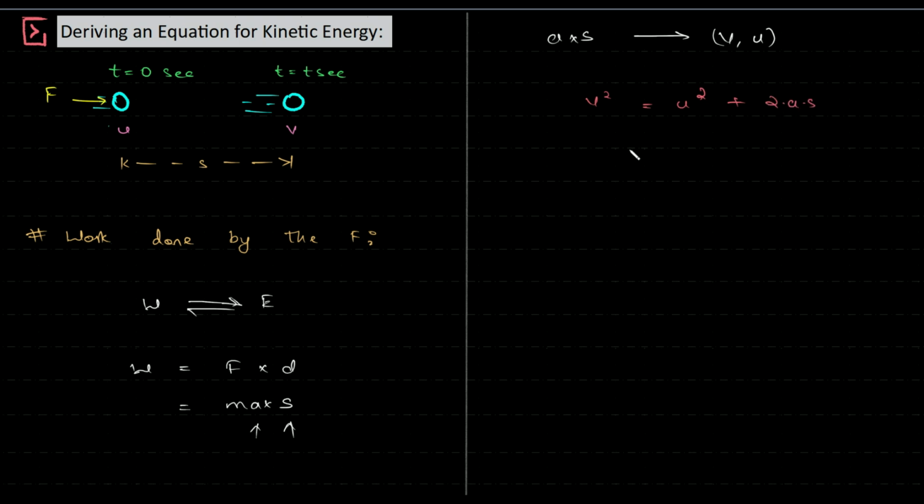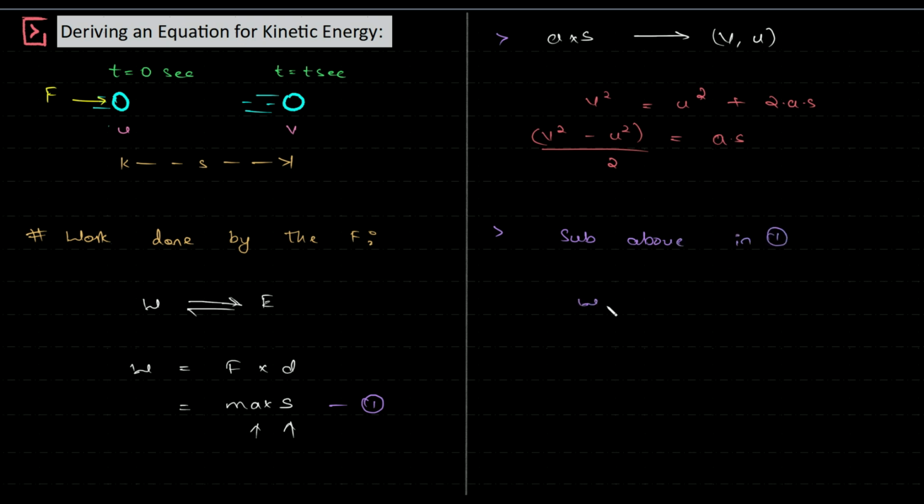All we need to do now is rearrange. So we have (v square minus u square) divided by 2 equal to as. All this is simple maths. If you're not able to understand this, please watch solving linear equation in one variable. Now coming back, I have an expression. Let me substitute it in 1.